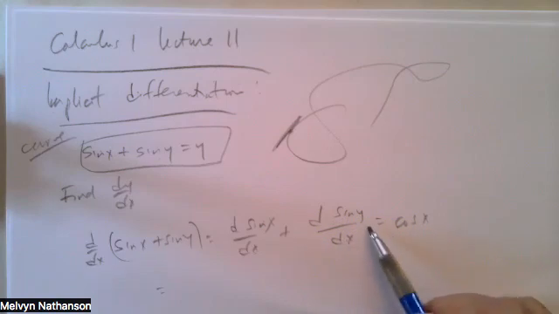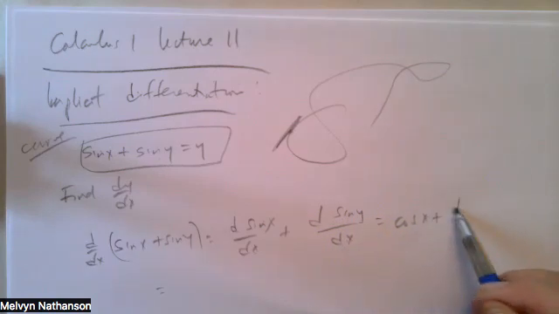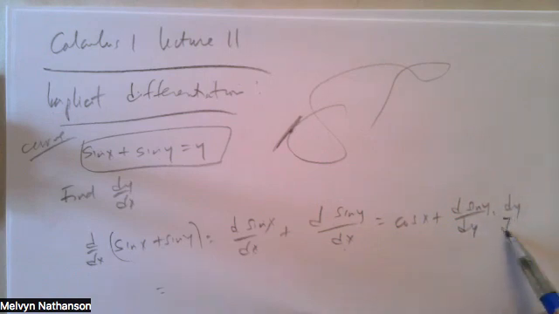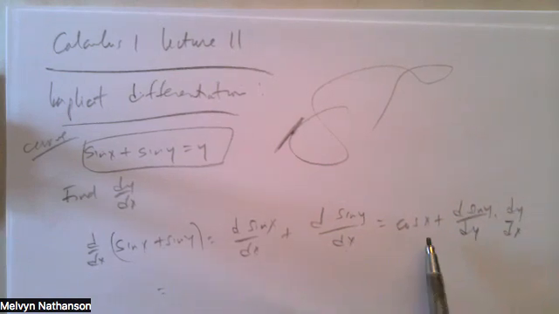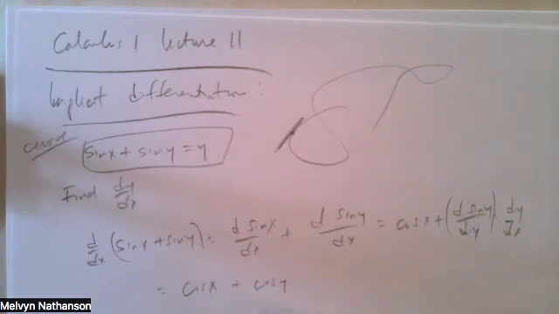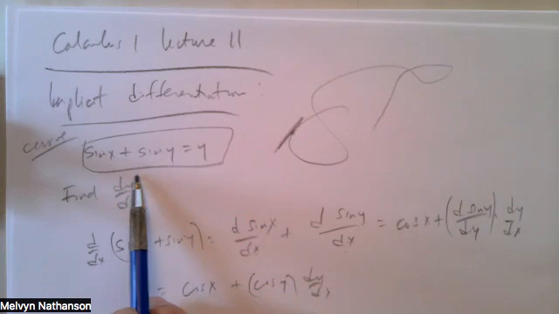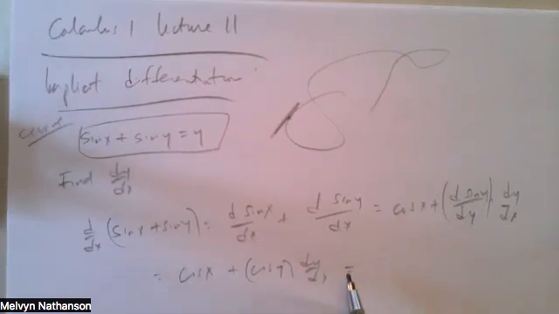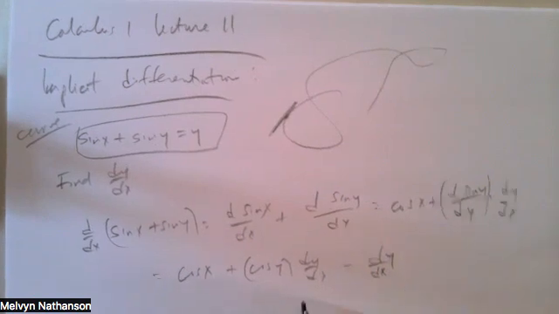The derivative of sine y with respect to x, by the chain rule, is the derivative of sine y with respect to y times dy dx. So this is cosine x plus the derivative of sine y with respect to y, which is cosine of y, times dy dx. So this is the derivative of the left-hand side of the equation, which is the same as the derivative of the right-hand side of the equation.